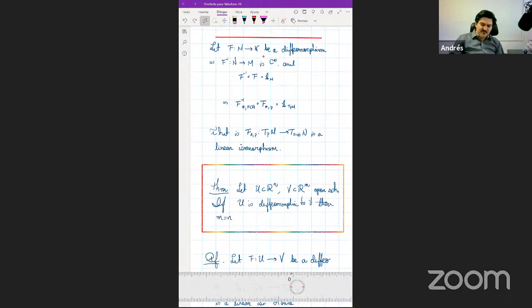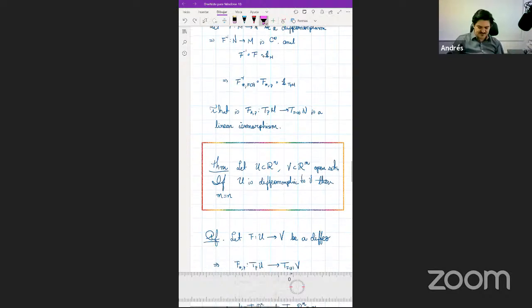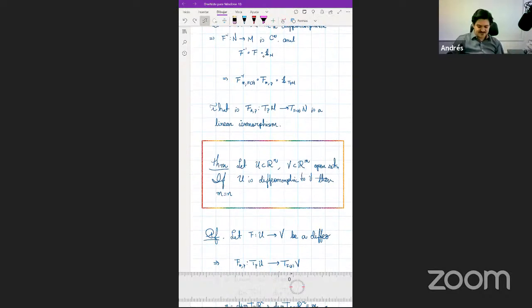Because U and V are diffeomorphic, there's a smooth diffeomorphism between the two, right? And that's why I have the previous observation. So this is a diffeomorphism. That means at any point, this is a bijective linear map, right?